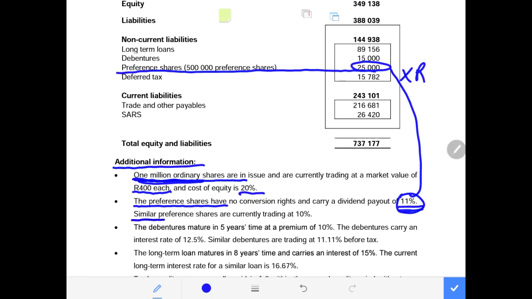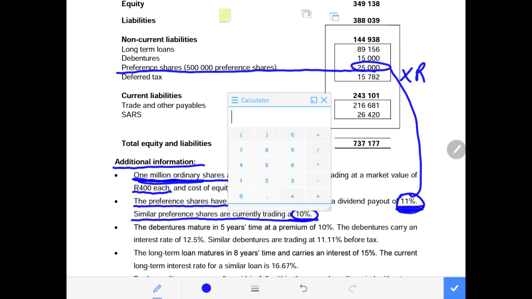Then we have the similar preferences that are currently trading at 10%, meaning according to the market, other similar preferences are currently trading at 10%, not at 11%, as we agreed with these preference shareholders when the preference shares were issued.